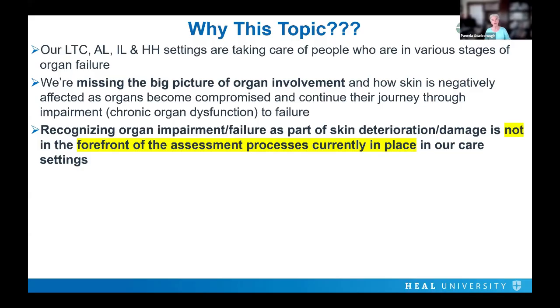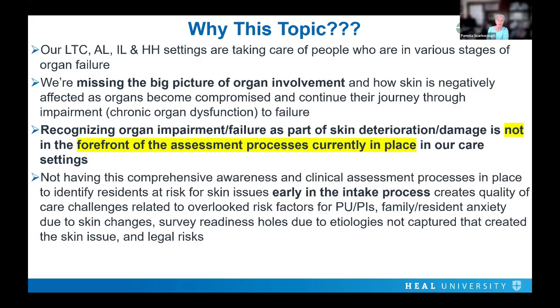Looking at organ impairment or failure as part of skin deterioration is not in the forefront of the assessment processes we currently have in place in all of our care settings. Not having comprehensive clinical assessment processes to identify people at risk for Kennedy terminal ulcer, skin failure, whatever words we're using, early in our intake process is going to create quality care challenges related to overlooked risk factors.